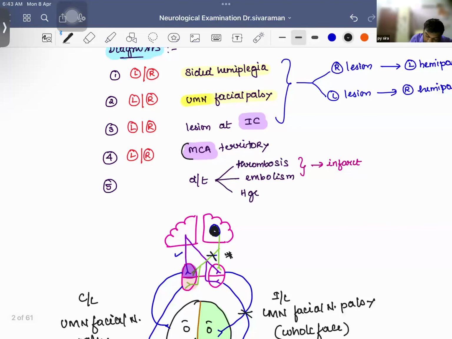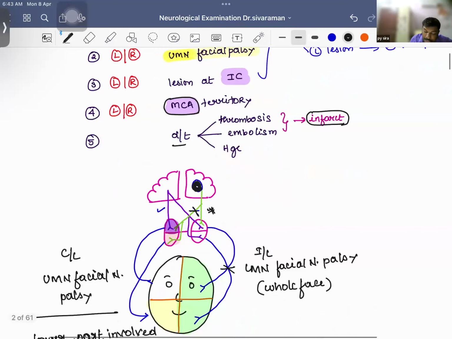Usually it is going to be MCA territory, due to thrombosis, embolism, and hemorrhage. Thrombosis and embolism are going to cause infarct, and hemorrhage is going to cause hemorrhagic stroke. This is how you will make a diagnosis.